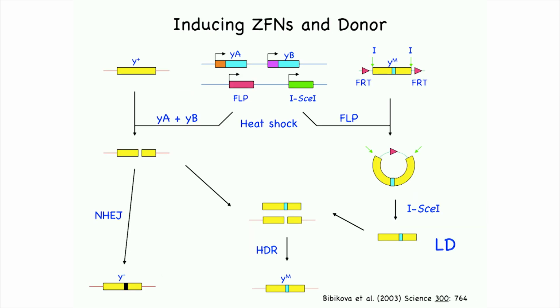And we expressed these two zinc finger nucleases in Drosophila. At that time, we were using a complicated system where everything had to be integrated into the genome before it could be turned on. I won't belabor this, but we set it up so that when the nucleases were expressed and cut the target, a donor DNA, which was also integrated in the genome, was excised by FLP and linearized by I-SceI, so it became a linear donor.